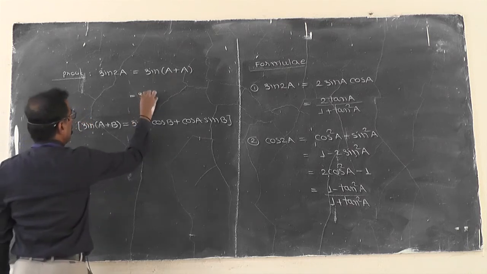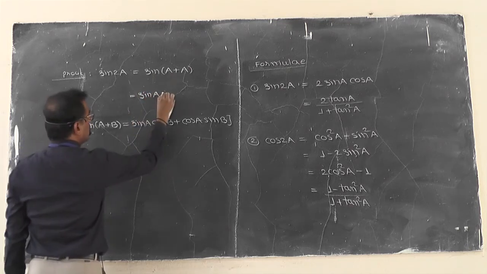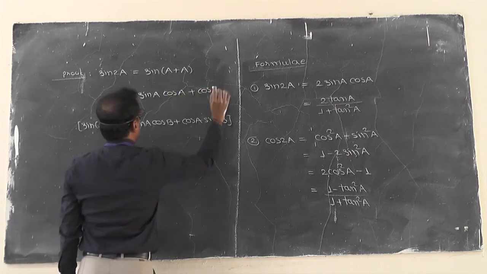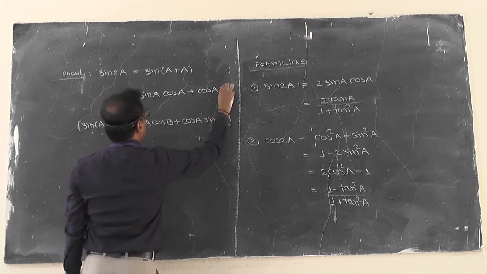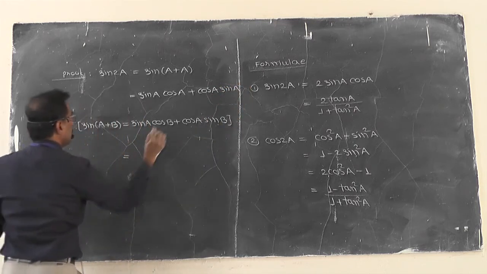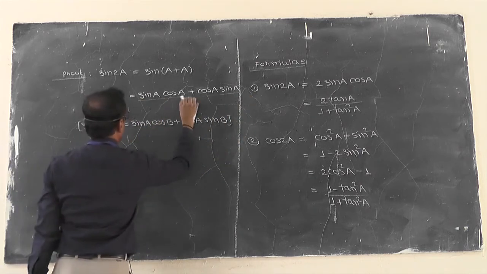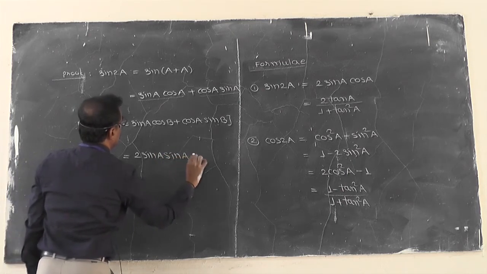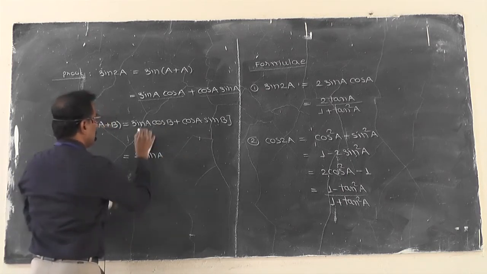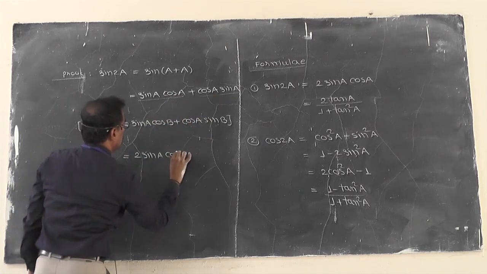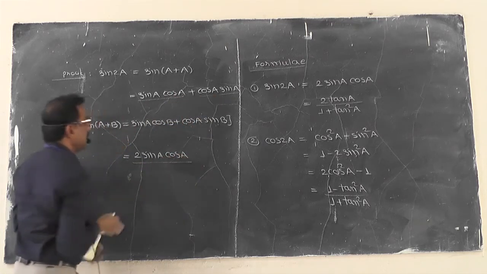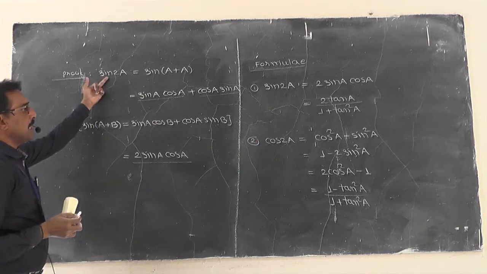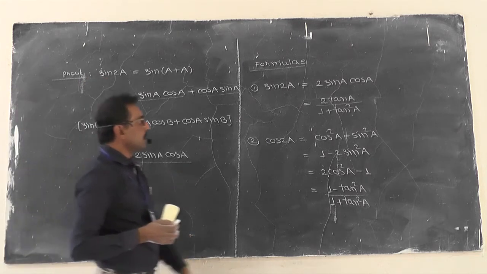So we write sin a, instead of cos b we write cos a, and instead of sin b we write sin a. This is sin a cos a, and this is sin a cos a, 2 times sin a into cos a. It is your formula for sin 2a. Sin 2a can be written as 2 sin a into cos a. It is your first formula.